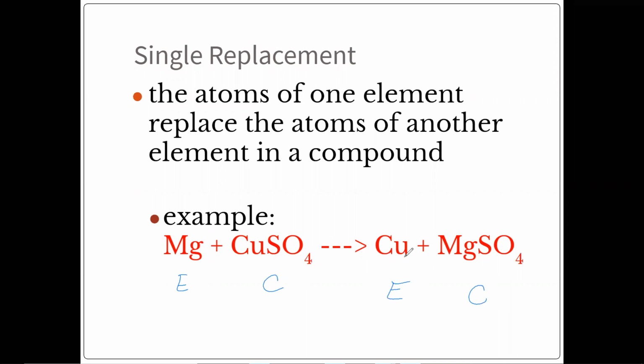So the products on the other side is going to be that copper, but now it's magnesium sulfate as your compound. So quite literally, what happened was this magnesium came in and it kicked out the copper to replace it. So that's where that term single replacement is coming from. You have a single element replacing another element in a compound. So that's what's happening there.